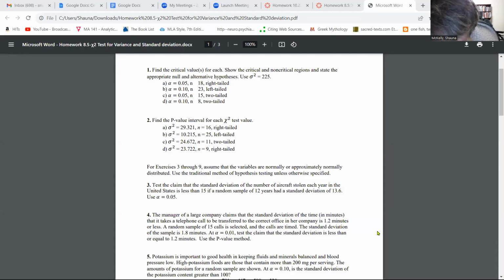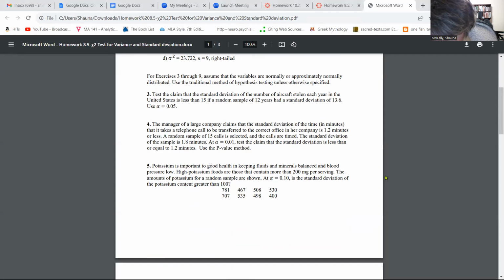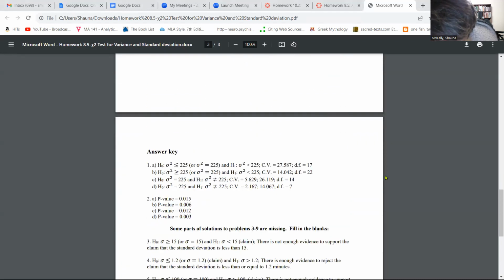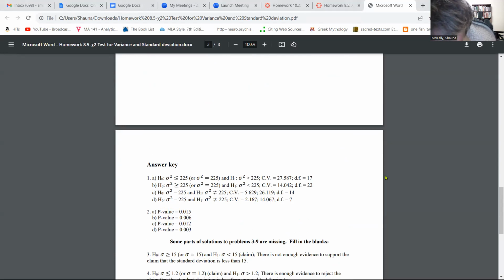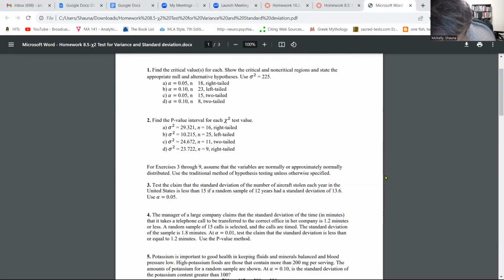let me stop sharing this and switch screens. Let's scroll down. 0.012, which is what works. You should get 0.003 for part D, which is just a right tail test, 23.722. I'll give you the format. You can check the answer on your own.